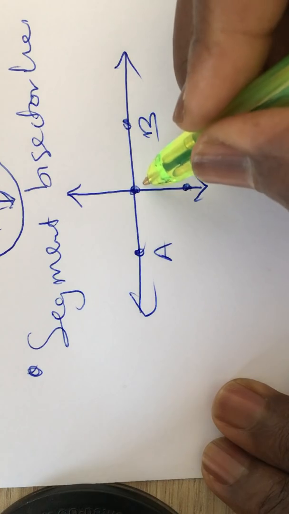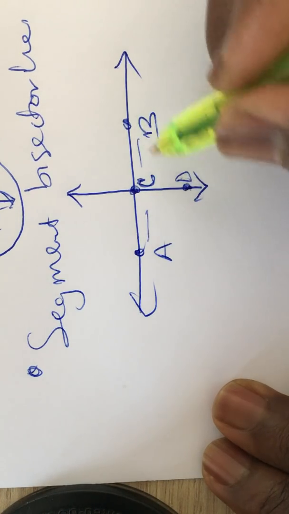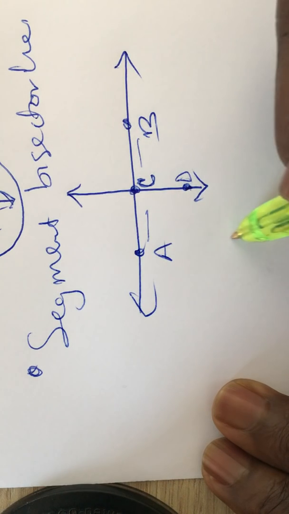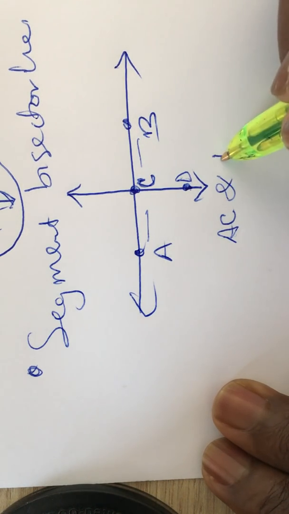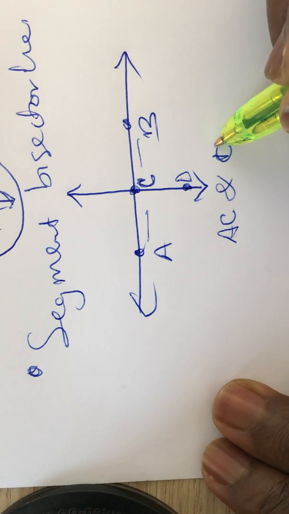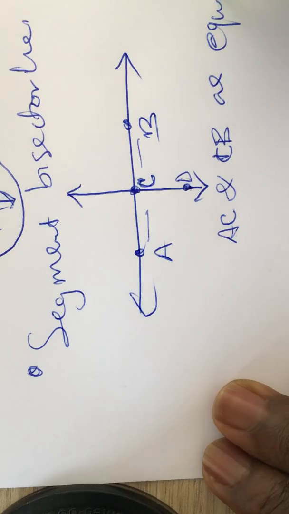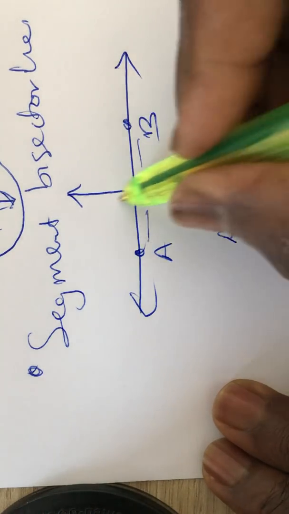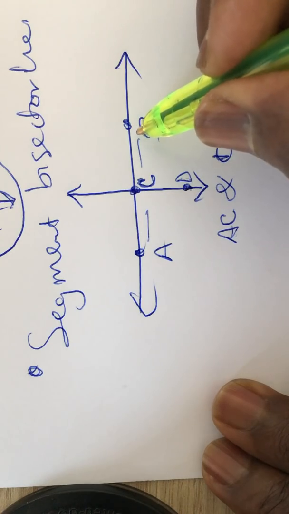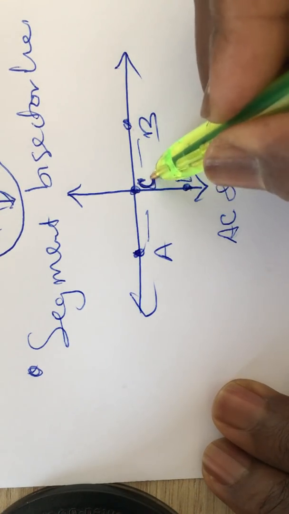So at point C, the distances AC and BC are equal. If that is true, then this line bisects the line segment at point C.